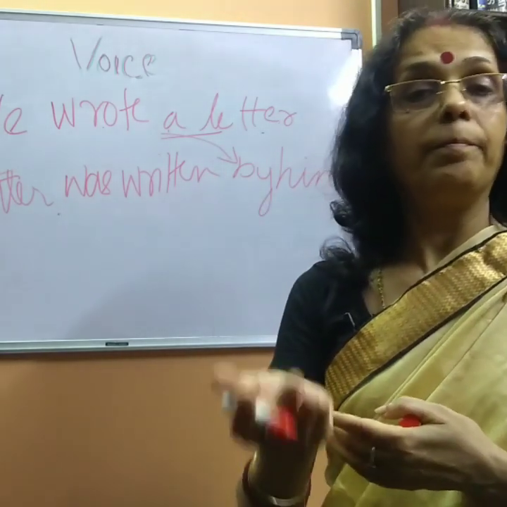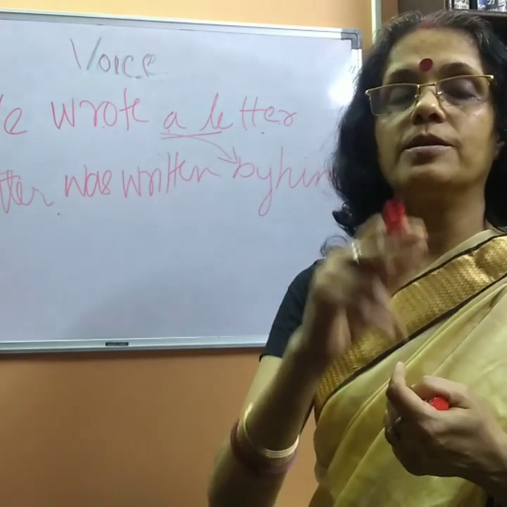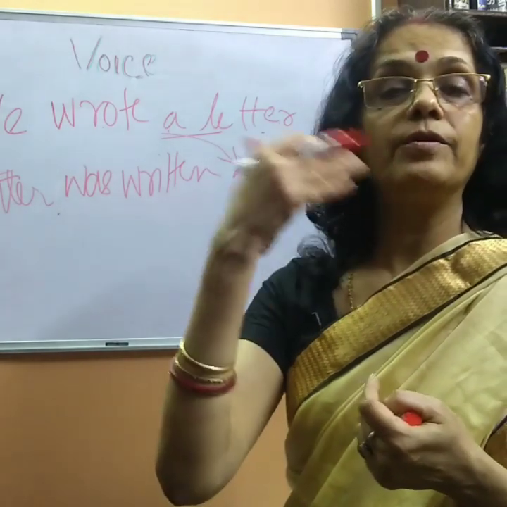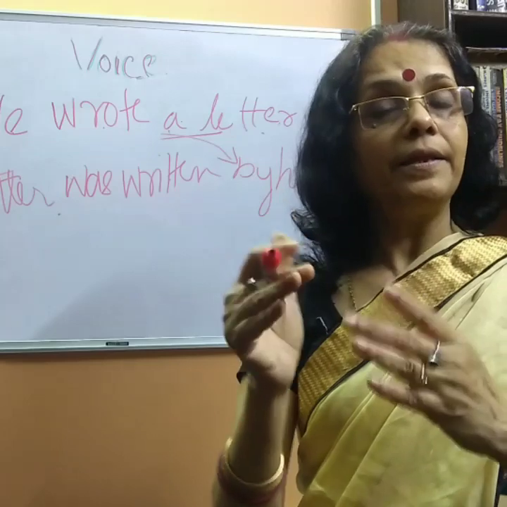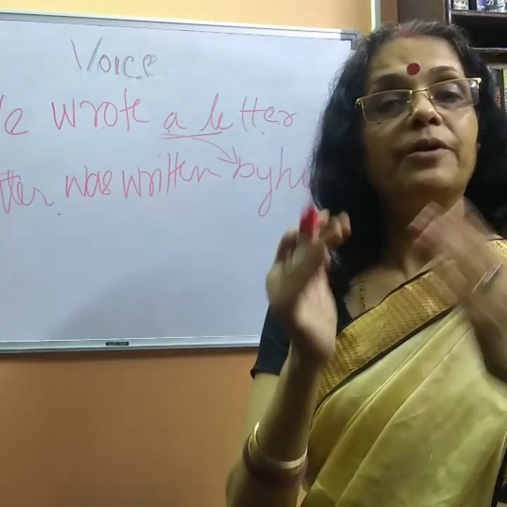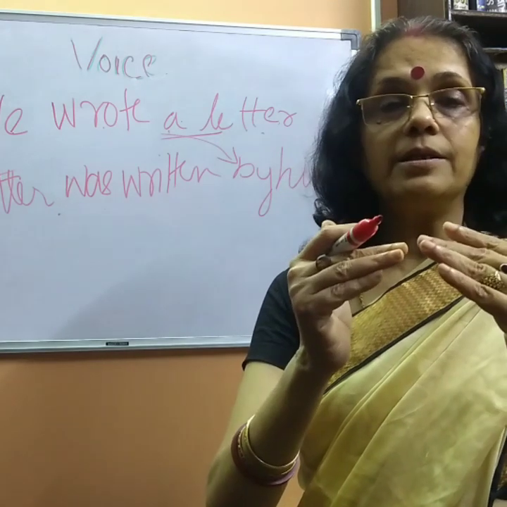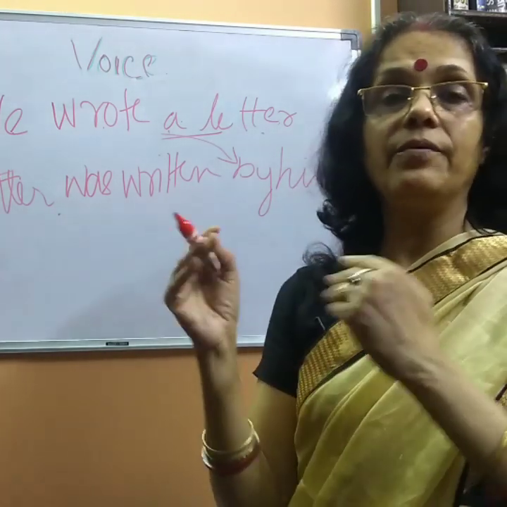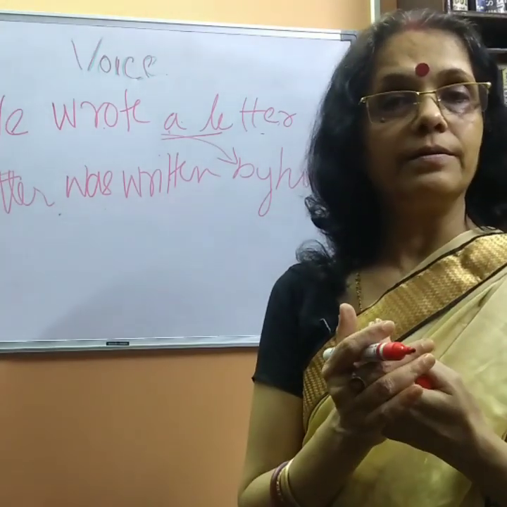Now for your past continuous. So in present continuous it was, he is writing a letter. In your past continuous it will be he was writing a letter, and the answer will also be very similar, very close. In the present continuous, in passive voice, the answer was a letter is being written by him. Here it will be a letter was being written. Simple.